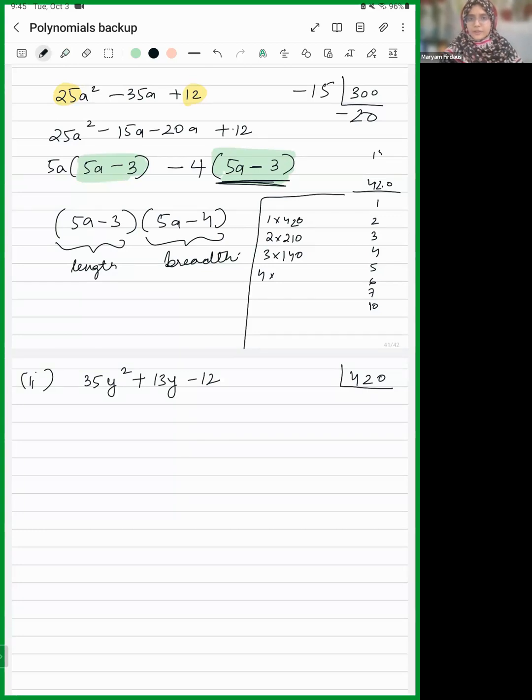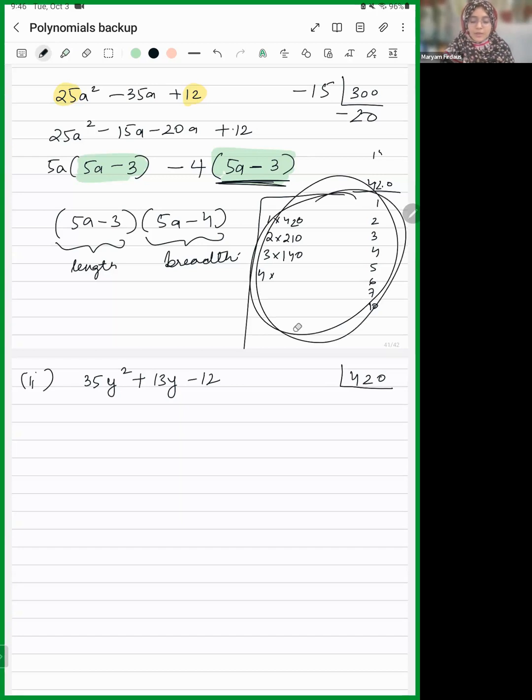Preshita, factors? How about factors of 420 which add up to 13? That's going to be a lot. We are not going to sit and make this list because it's going to be a lot.